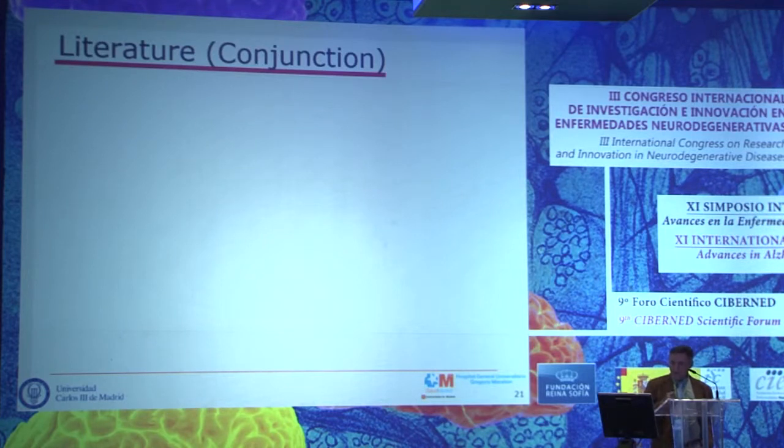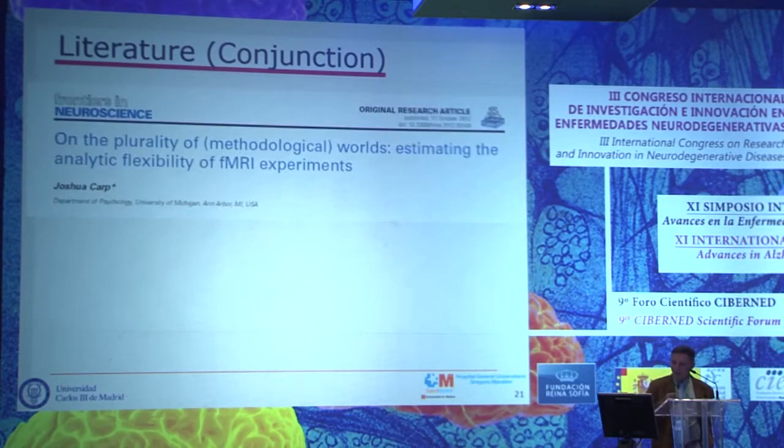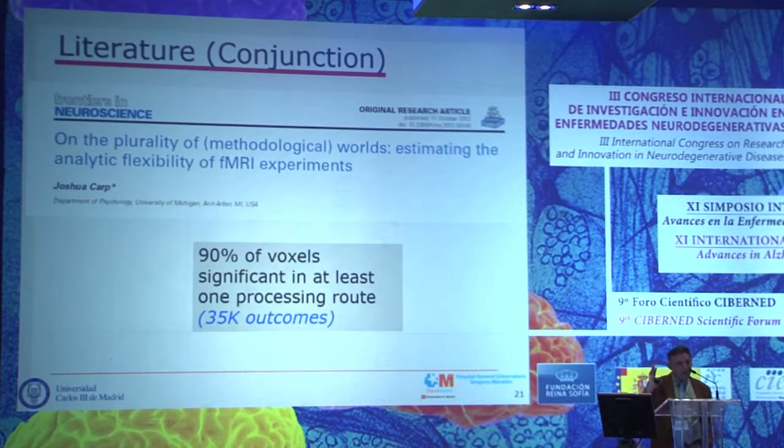There are recent works on how to deal with this problem of different possible outcomes. In this work, for instance, he explored with fMRI experiments specifically the different outcomes of the experiment by tuning different parameters, and he found out, and again this is worrying, that he explored just 35,000 possible results, which is not very much.